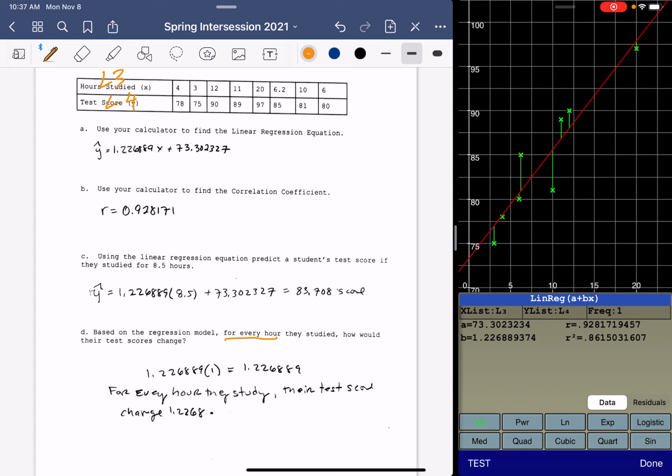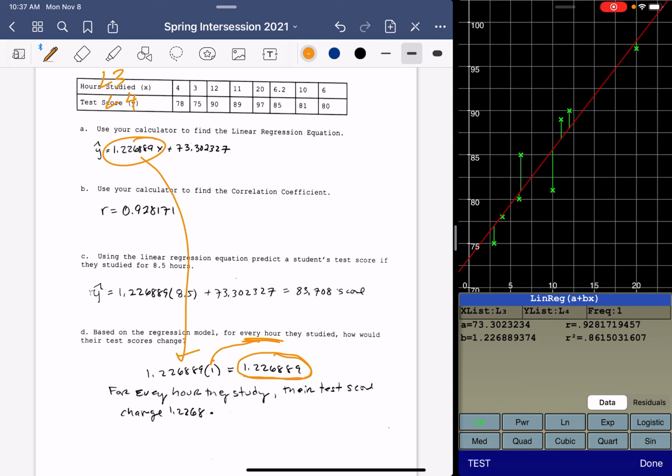It's not what the test score is when you study 8 hours, but what happens to your test score if you study 1 extra hour. Well, it turns out that you take the slope, and in this case it says every hour, or every 10 hours, or every 2 hours, or every 8 hours. You pop in whatever they ask you in here, and then you get this answer.